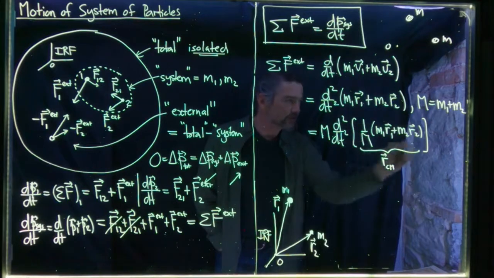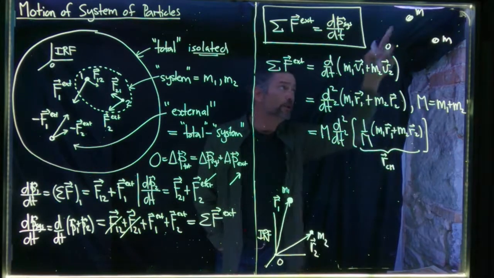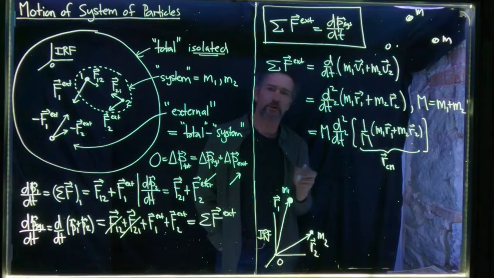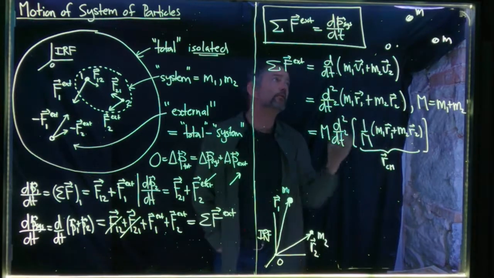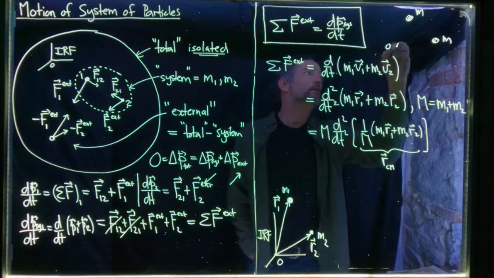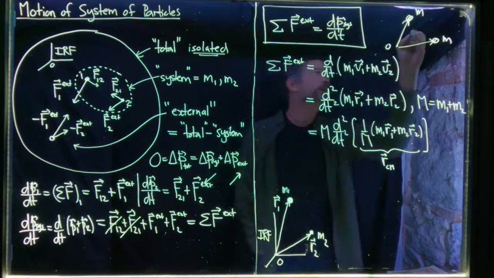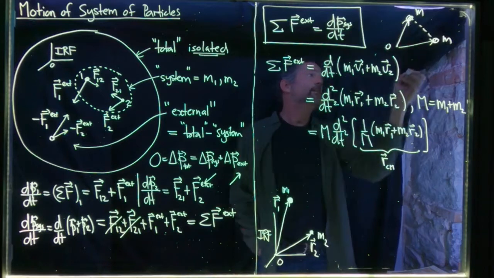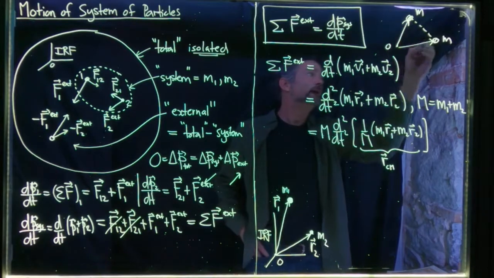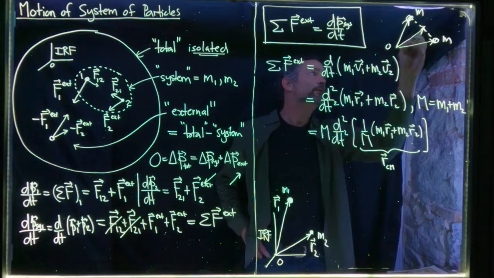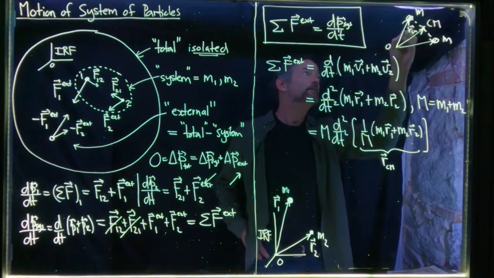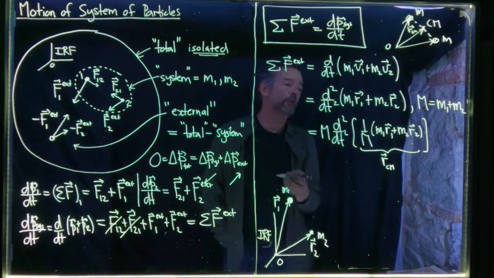So RCM, in the case where the two masses are equal, is just equal to 1/2 (R1 + R2). It's the average of R1 and R2. So this is R1, and this is R2. The average of those two vectors is a vector that points to a point exactly halfway in between M1 and M2. And the center of mass point is located exactly halfway between M1 and M2.